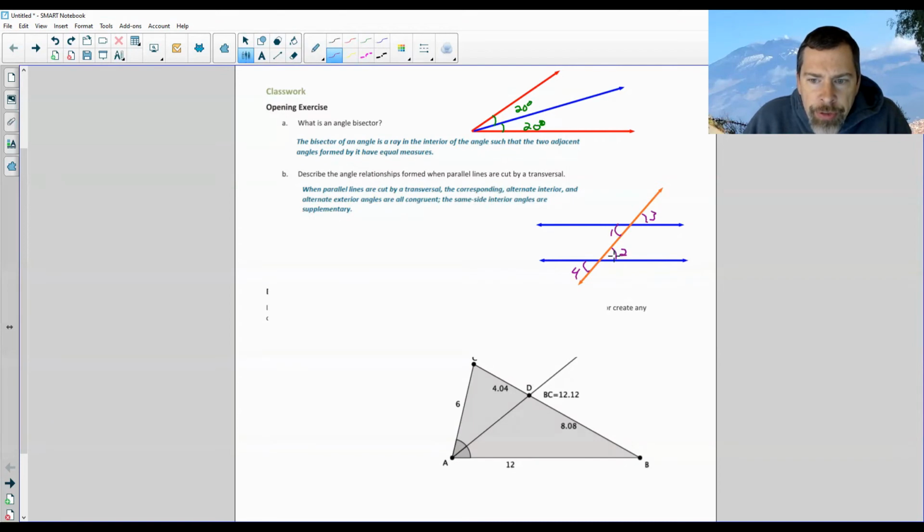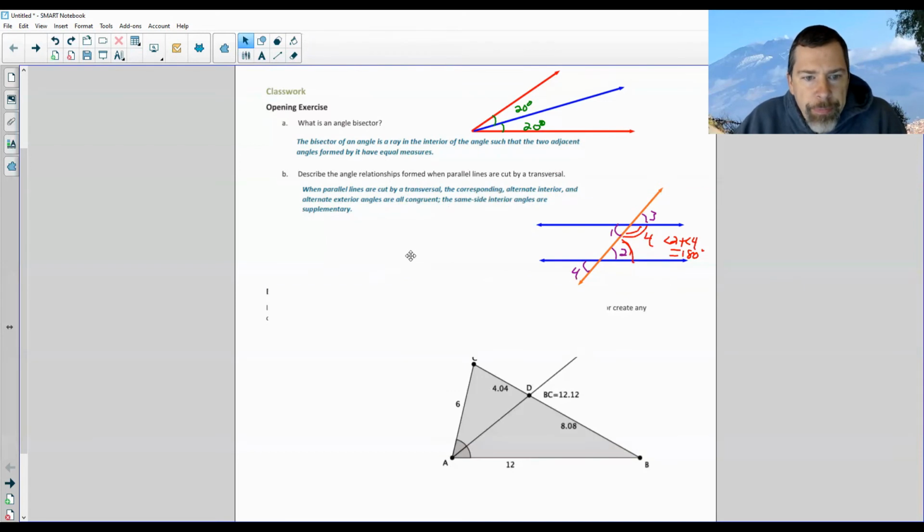Angle 3 is congruent to angle 2 because they correspond, and they're all congruent. Same side interior angles are supplementary. So if I chose this angle here, along with this angle down here, let's call that 4, angle 2 plus angle 4 would equal 180 degrees. Okay, so that's what that one says.